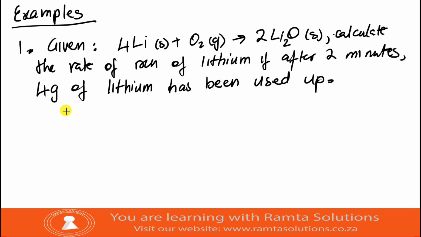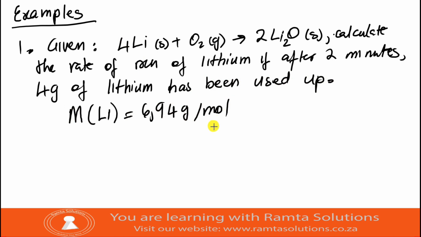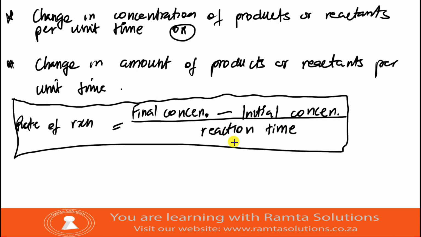Okay, by the way, the molar mass of lithium is 6.94 grams per mole. I want to go back to the formula here. Remember here, the reaction time is in seconds.